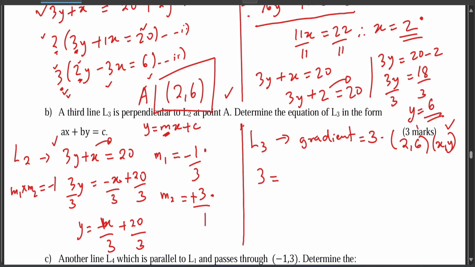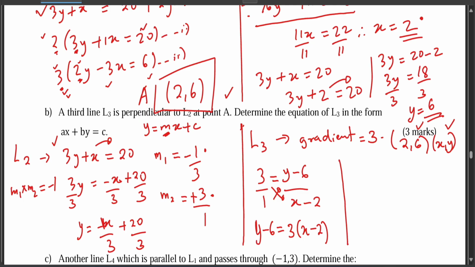So y minus 6, hiyo ndo change in y, over x minus 2 ndo tutafuta equation. Cross multiply. So 1 times y minus 6 and 3 times x minus 2. So 1 times y minus 6 is just y minus 6 equal to 3 into bracket x minus 2.